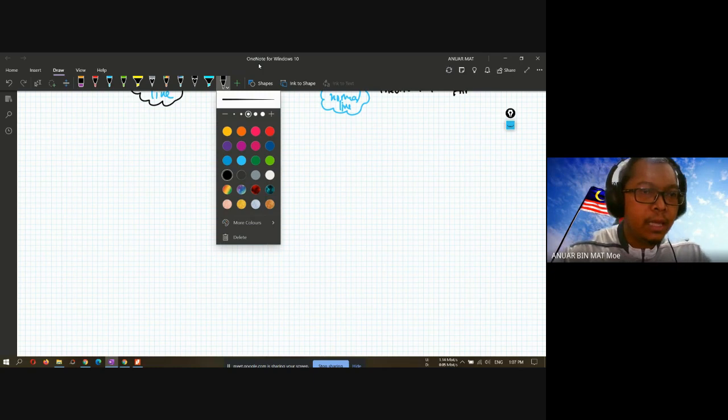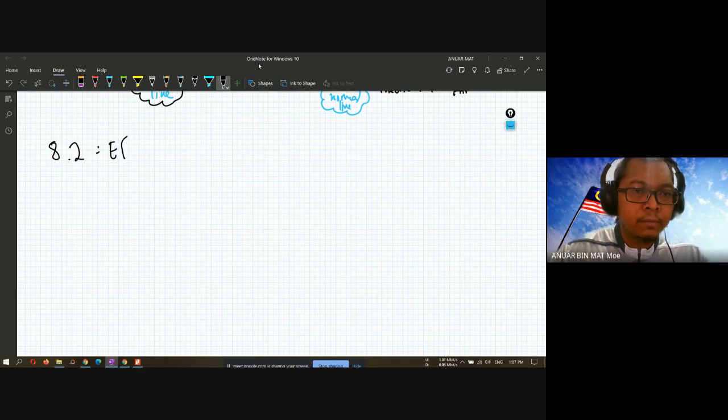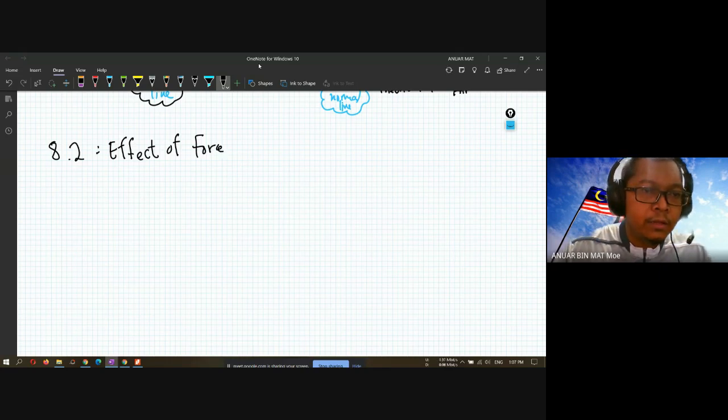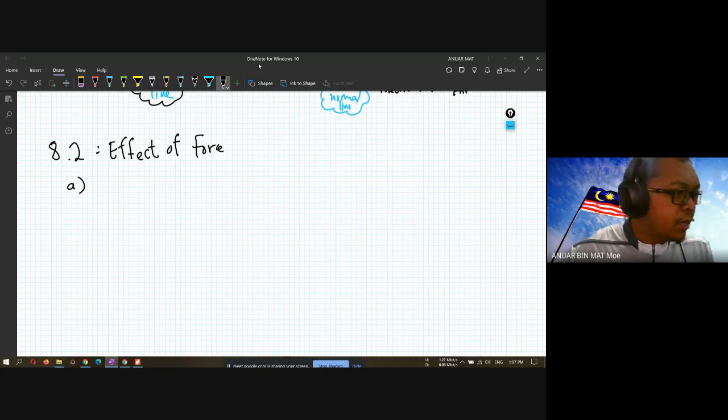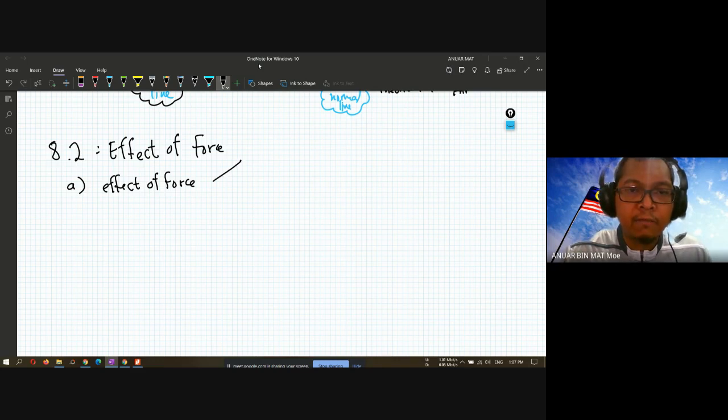Still in chapter 8, 8.2, that is effect of force. So number one, A, in effect of force, you learn about the effects of force. You still remember how many effects of force? I think there are 6 effects.